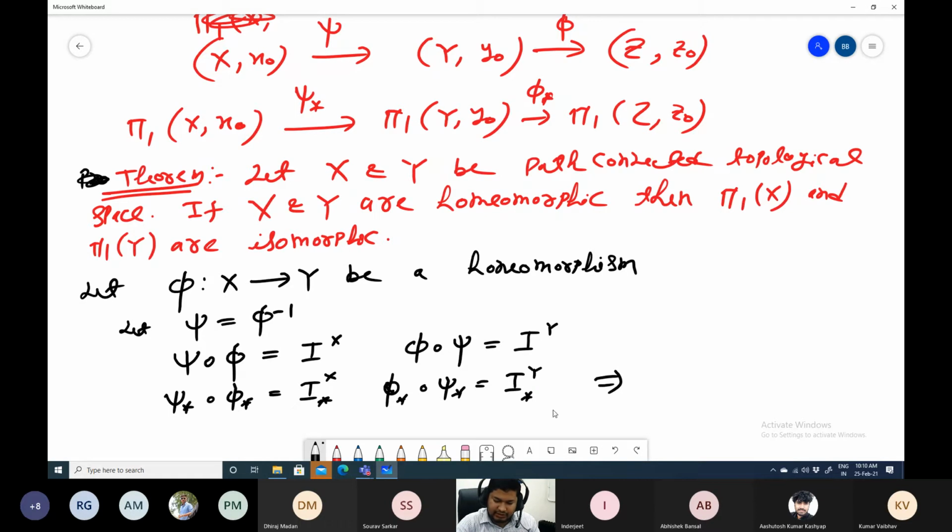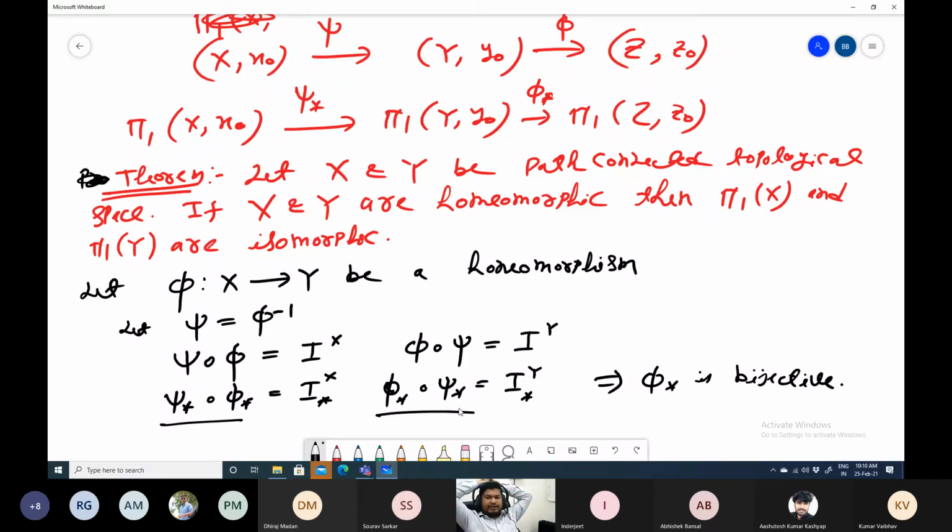Now since both are identity, phi star is bijective.